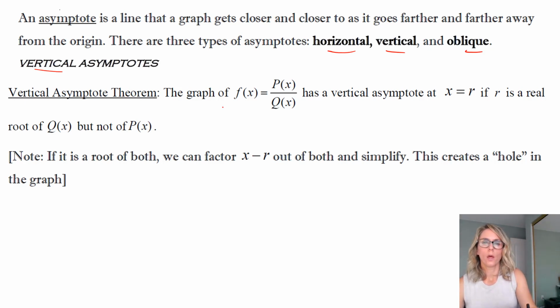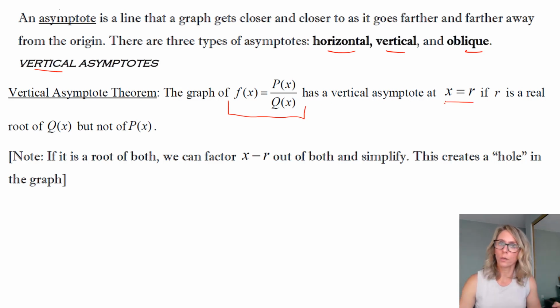So notice the graph of a rational function has a vertical asymptote at x equals r. That's a vertical line, x equals r, if r is a real root of the denominator but not of p of x. What that means is it makes your denominator 0, but not your numerator 0.